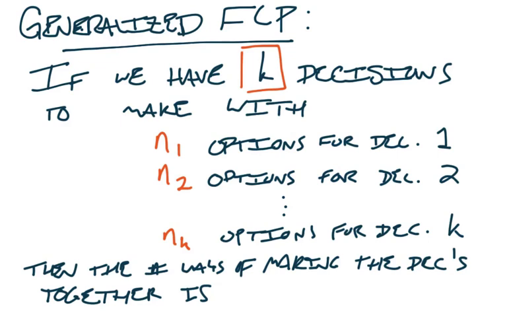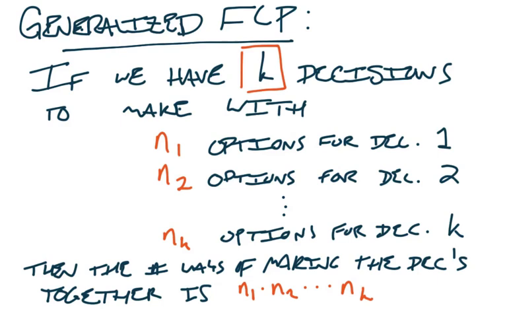All right, so a possibly different number of options for each one of these many decisions we have to make. Then the total number of ways of making all these decisions together is found just by multiplying them together, like we did when there were only 2 decisions to make.